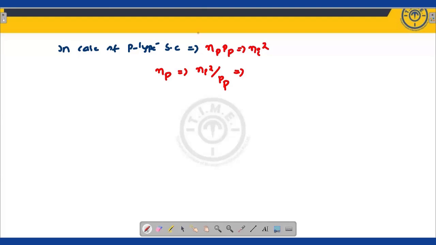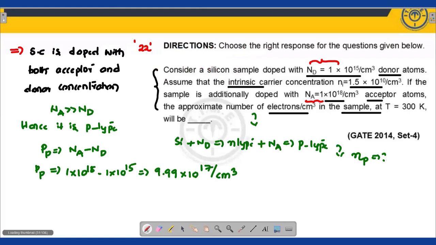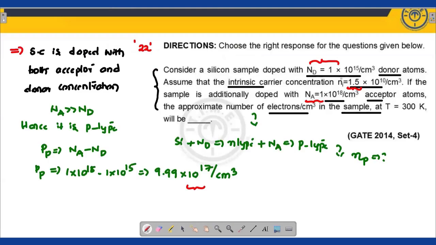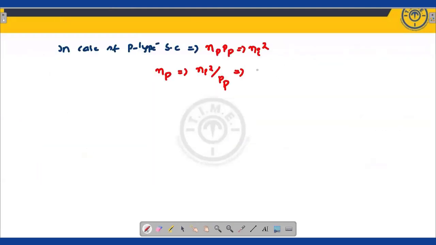So already the intrinsic concentration is there and the Pp value is there. Now substitute these particular values, my dear friends. Ni square, as usual, is equal to how much? That is, 1.5 into 10 power 10, divided by Pp.